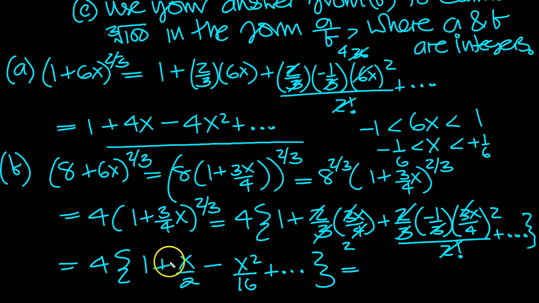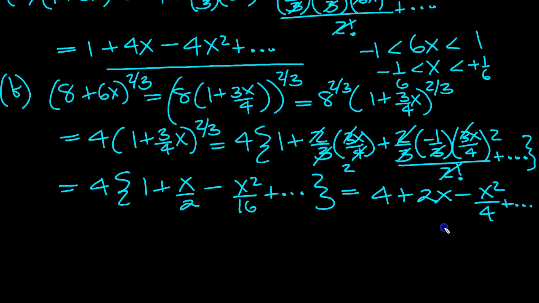So that's equal to, expand the bracket now then, 4 plus 2x, 4 lots of this, and then minus x squared over 4, isn't it? Plus dot dot dot. And that would be valid when 3/4 of x is less than 1 or greater than minus 1. So multiply by 4/3 all the way through.